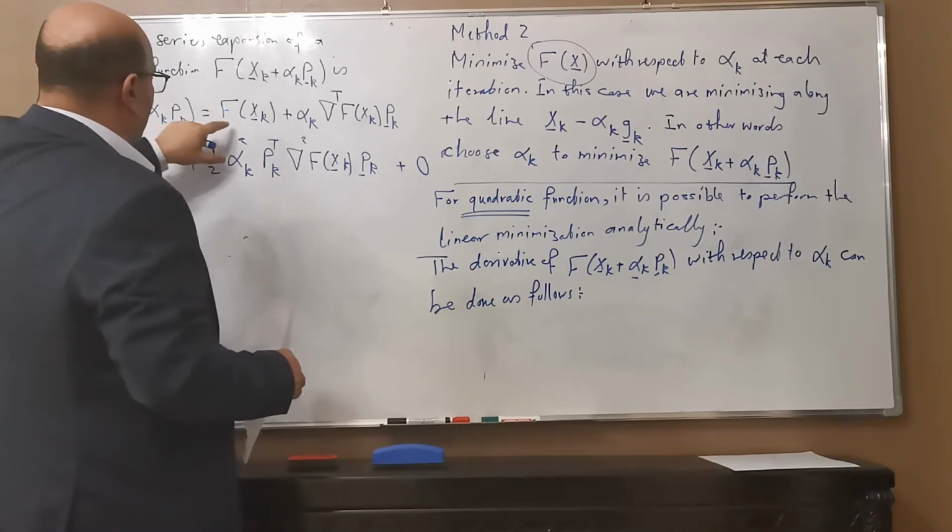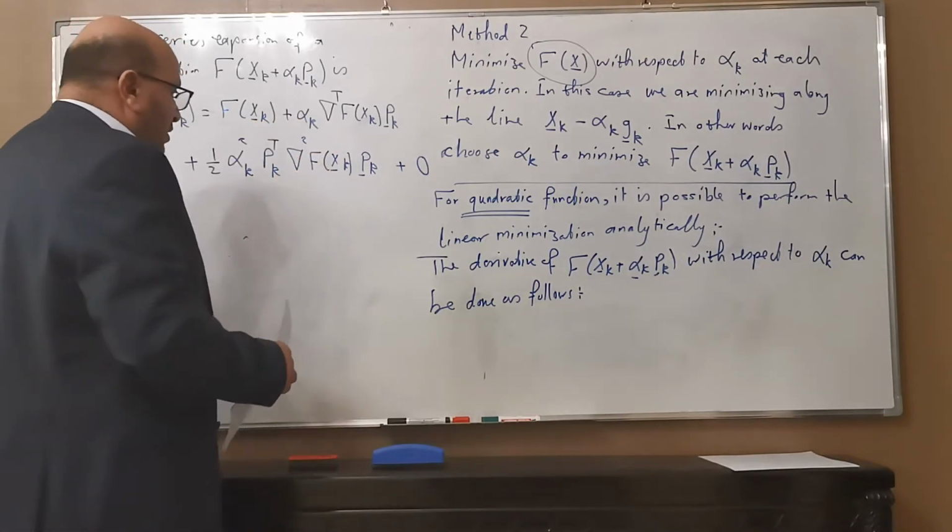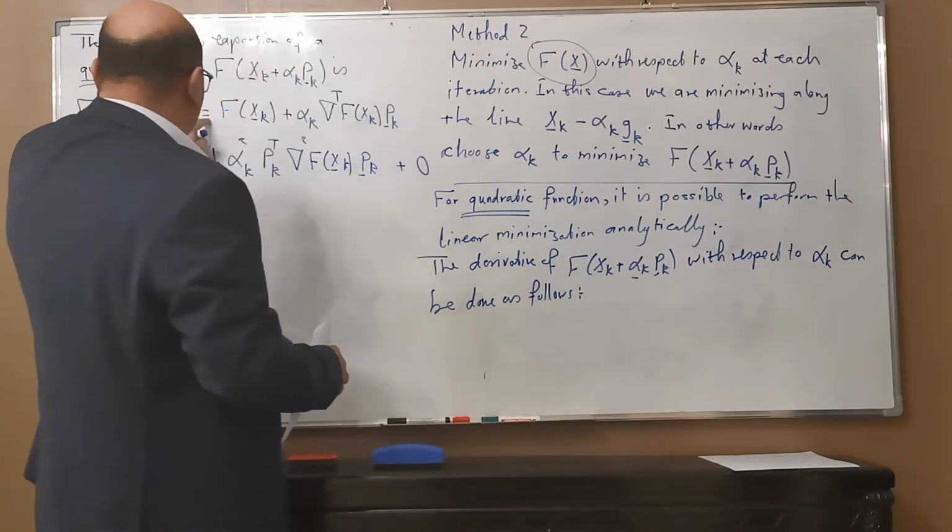So the quadratic function only has an expansion up to the Hessian. The upper terms are 0, and this is exact.